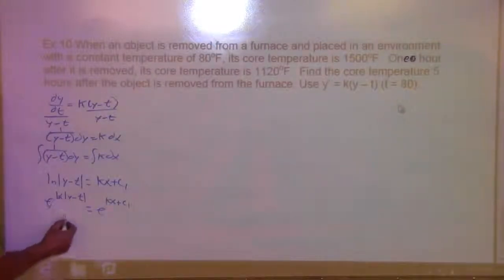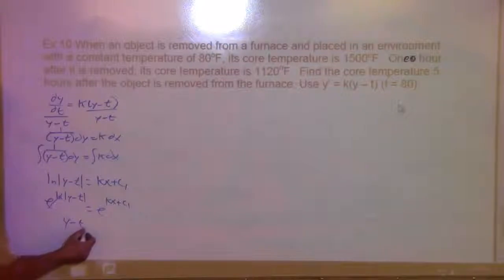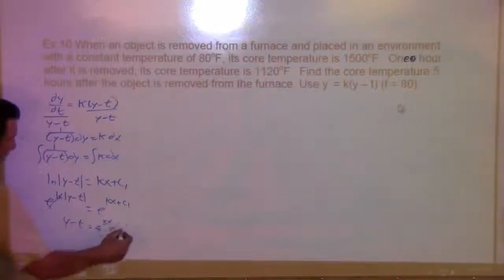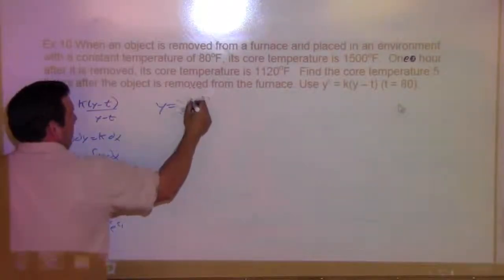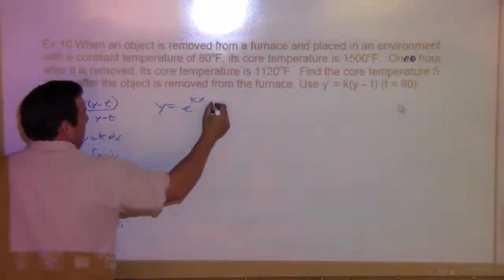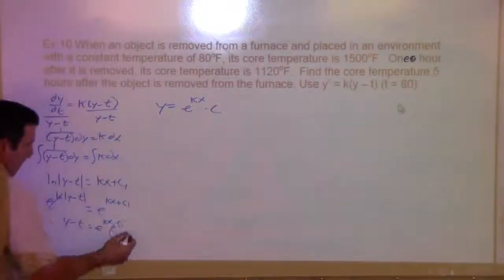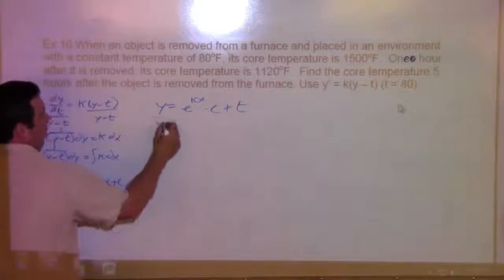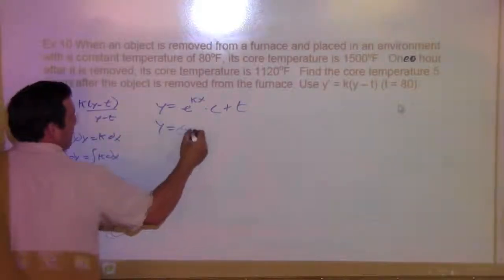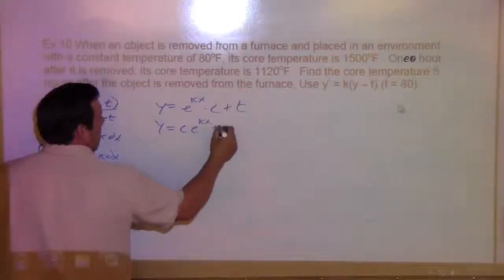That cancels. Y minus T equals e to the kx times e to the C1. So y would equal e to the kx times C, I'm just going to call this part C, plus T. So y equals C e to the kx plus T.